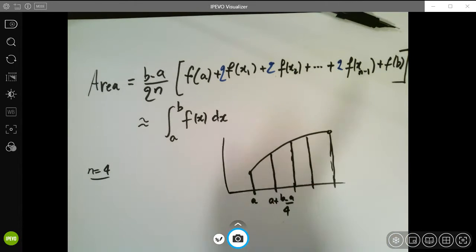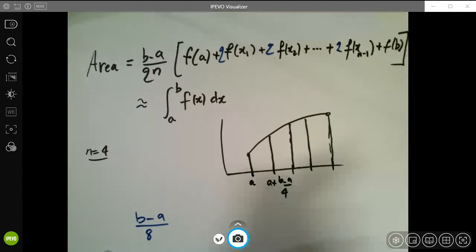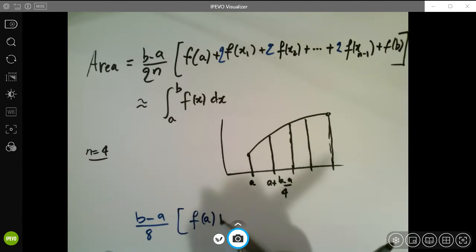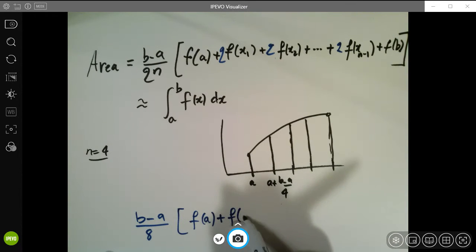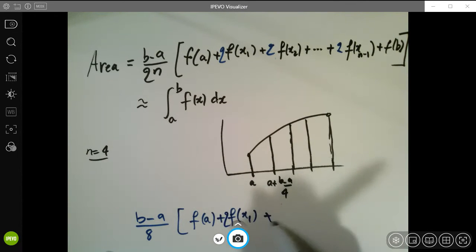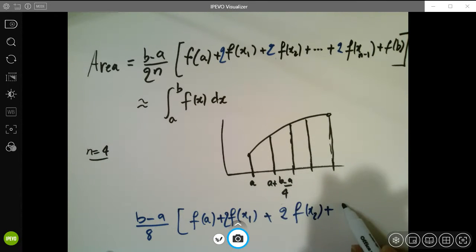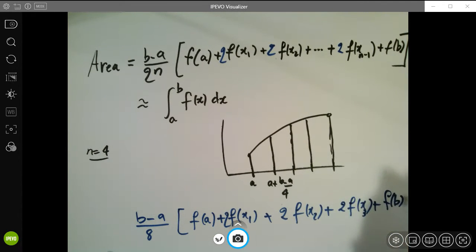If we add them up, it will be about b minus a over 8, since 2n equals 8, times f of a plus 2 times f of x1 plus 2 times f of x2 plus 2 times f of x3 plus f of b.